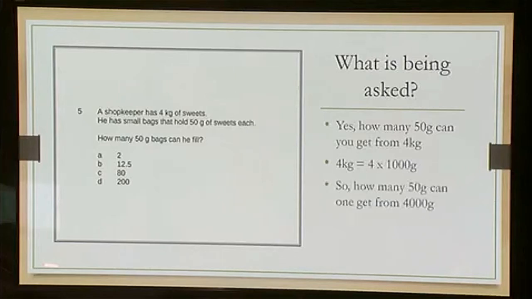So how many 50 grams can we get from 4,000 grams? This calls for the skill of division. We're dividing 4,000 grams by 50 grams, which gives us 80. So the answer would be 80 50-gram bags. All right.